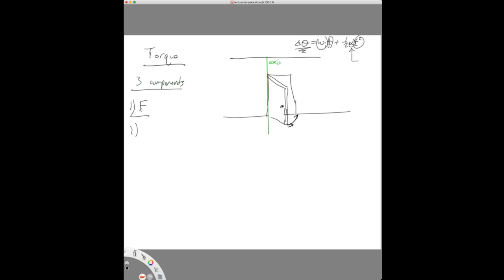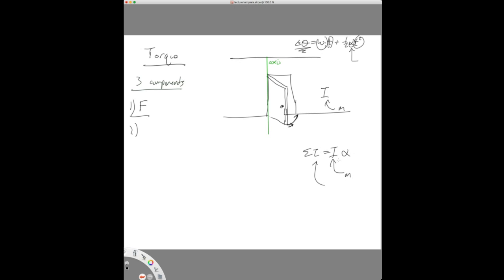Mass. The mass? Yeah, and so the mass is going to be involved in the moment of inertia. So these are all, you're right, things that affect it. So we have net torque equals I alpha. So the mass is affecting this, but there's still more that affects the torque.